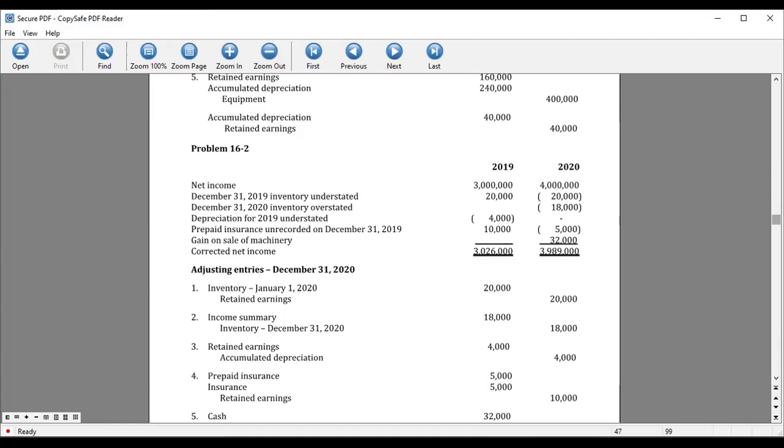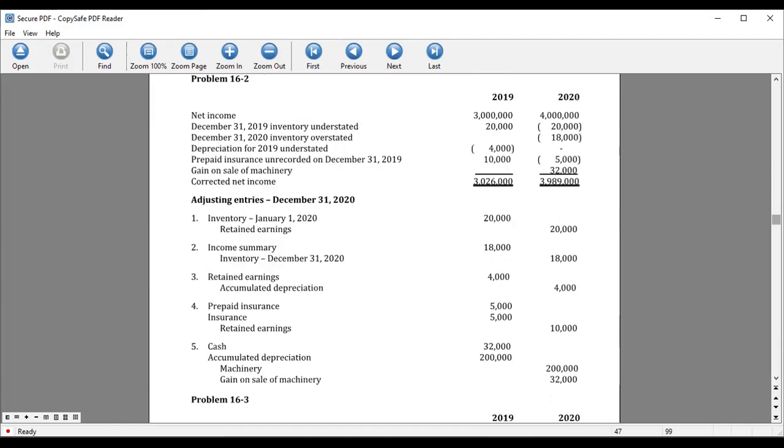Again, prepare adjusting entries on December 31, 2020. Now we have this assumption that the books are still open. The inventory on January 1, 2020 in the amount of 20,000 and credit back to retained earnings.